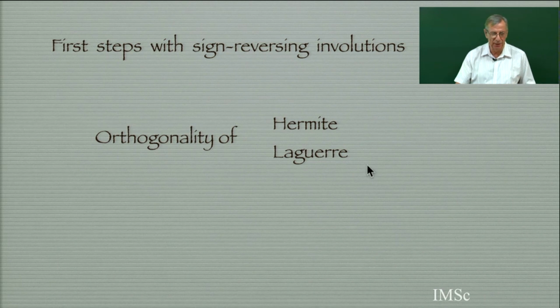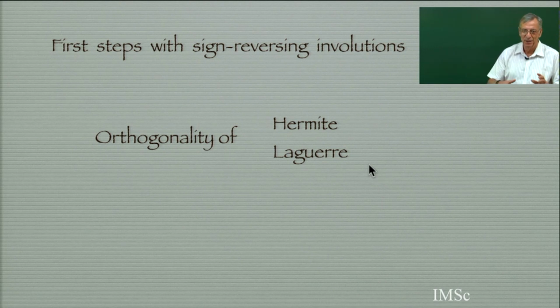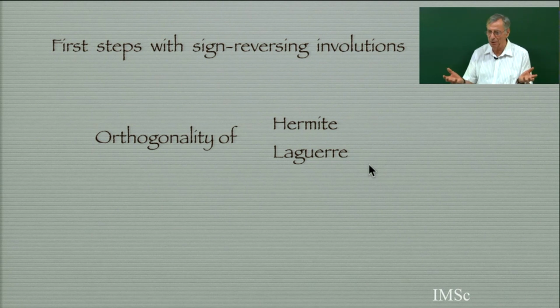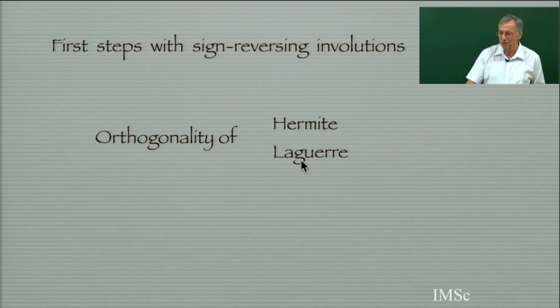So this is a typical pedagogical example. In this course, all along the course, there will be a lot of sign-reversing involutions. These are involutions where terms are paired: one term is killed by another one, and this replaces what is classically called the inclusion-exclusion principle.